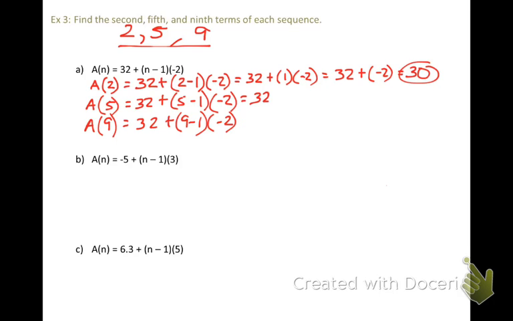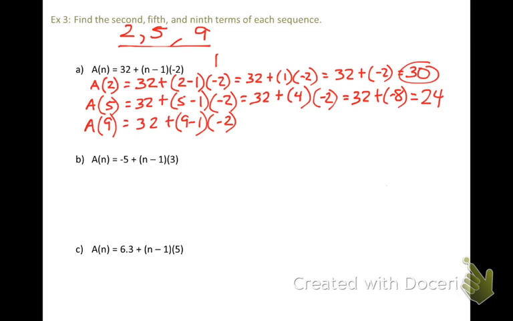Then you do it here. 32 plus 4, because 5 minus 1 is 4, times negative 2 is, so it's going to be 32 plus negative 8 equals 24.